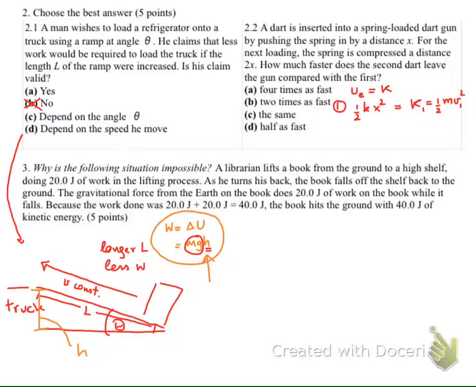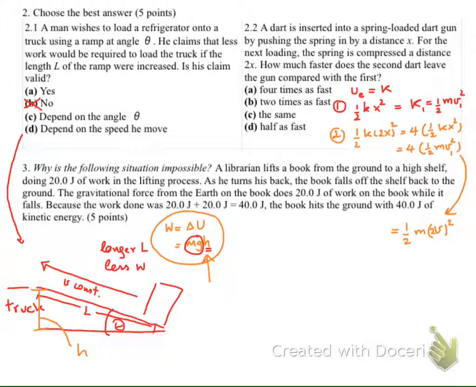And for the second round, you have 1/2 k(2x) squared, which means it is 4 times 1/2 kx squared, which means it is 4 times 1/2 mv1 squared, which means it is 1/2 m(2v1) squared, right?